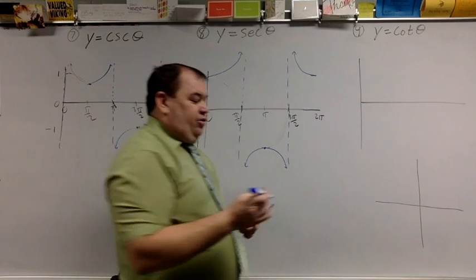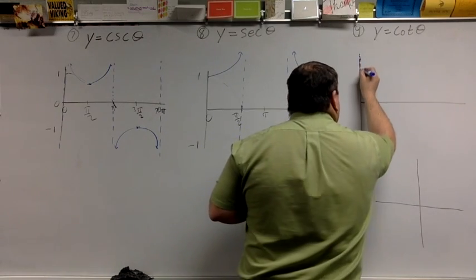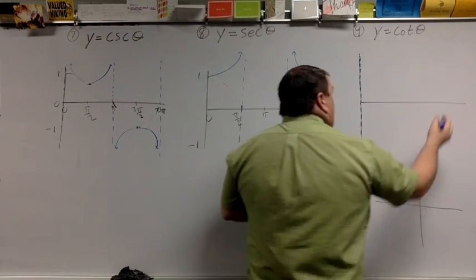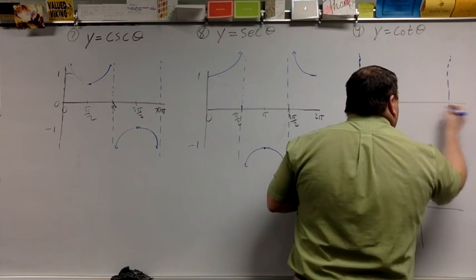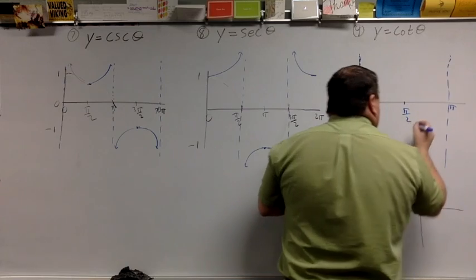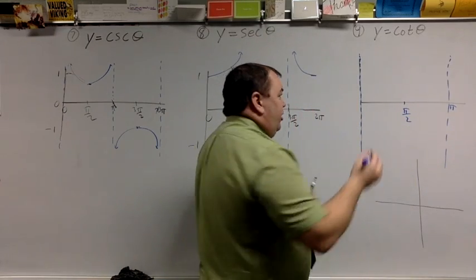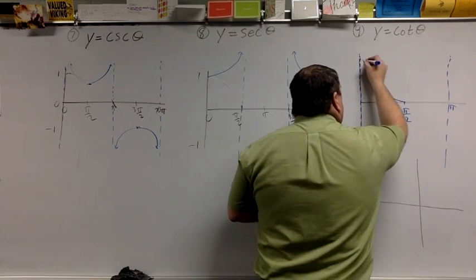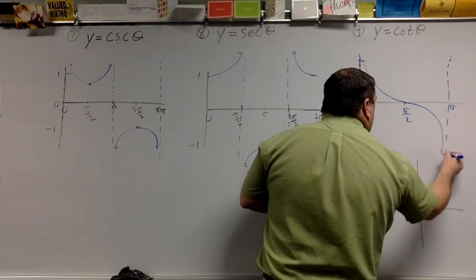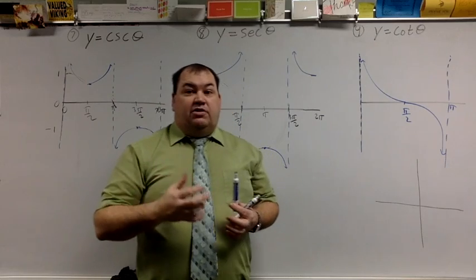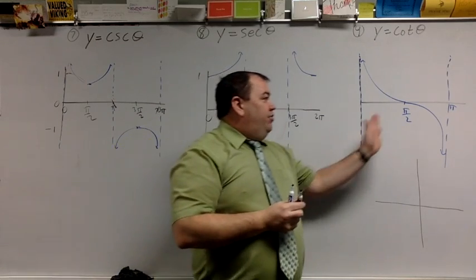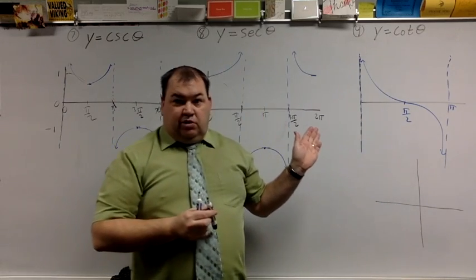The cotangent graph has asymptote here and another asymptote out here at pi. But now the cotangent kind of goes the other way. Now you might think this is just tangent with a negative sign, but the asymptotes have actually moved on this one.